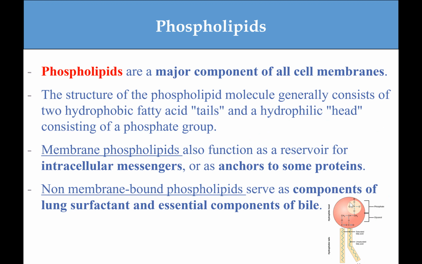The head is hydrophilic because it has the phosphate part. They can be used on the cell membrane as messengers or as anchors for proteins to attach to. Or if they're not in the membrane, they could be used as lung surfactant, and they're also an important part of bile.